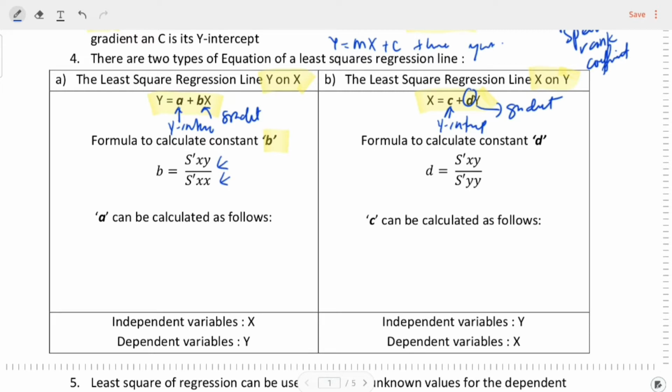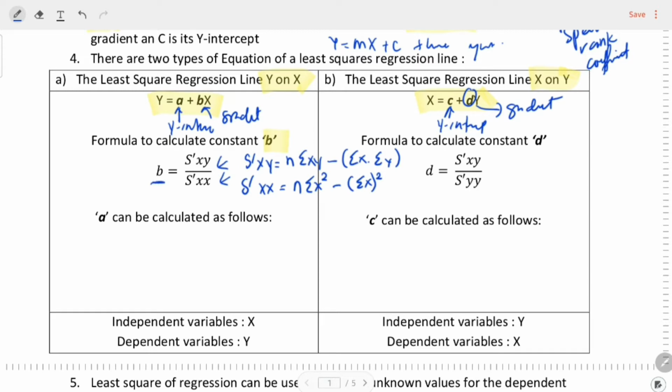Remember your Pearson's correlation coefficient, where S prime xy is n times the sum of xy minus the sum of x multiplied by the sum of y, whereas S prime xx is n times the sum of x squared minus the sum of x, squared. So in the regression line of y on x, we find this b.